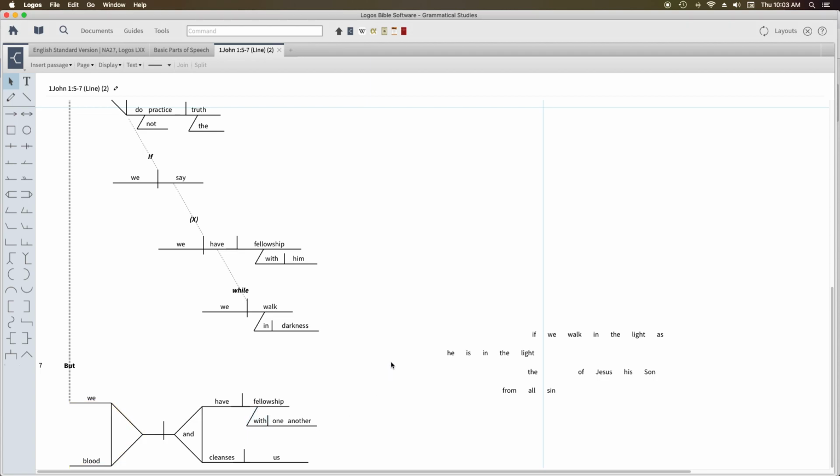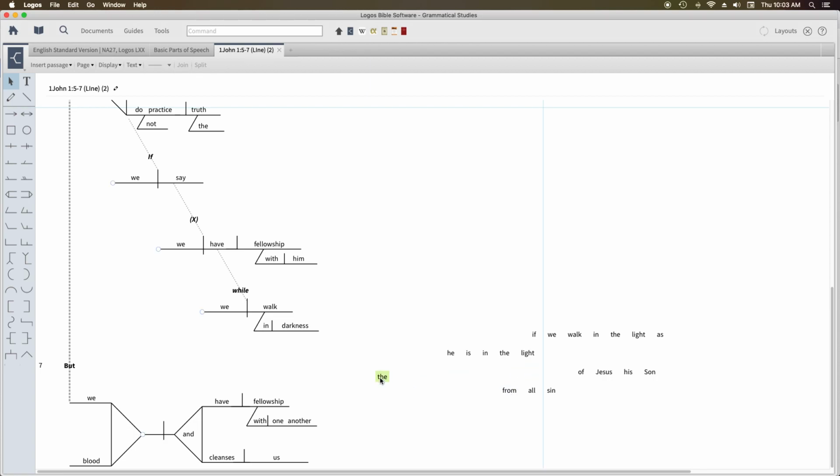Kind of like you would if you said peanut butter and jelly. I don't know if you would diagram that as two different subjects, but to me they're a single unit. That's why I'm diagramming this as a single unit. We have fellowship with one another, and blood cleanses us.